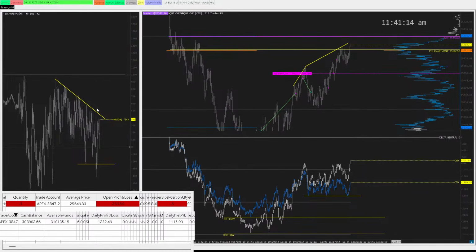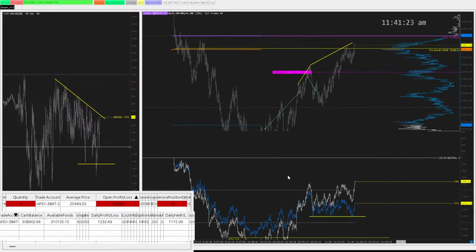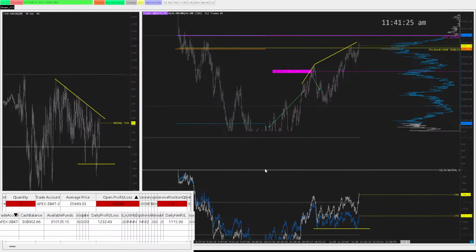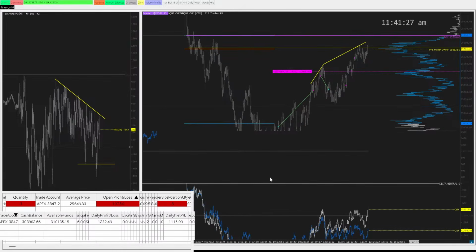This thing starts making new highs over here, I might have to exit. But I also have delta neutral. Guys, this is the most important line on the chart, this RTH delta neutral.